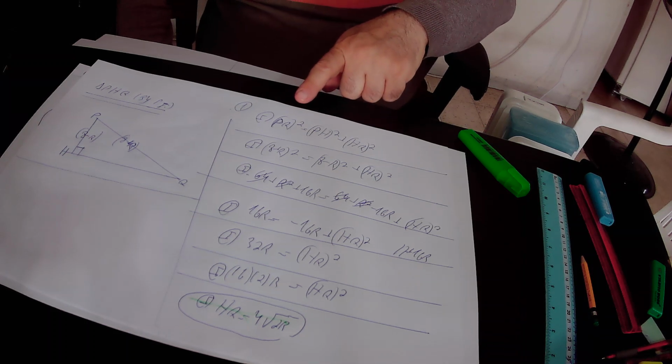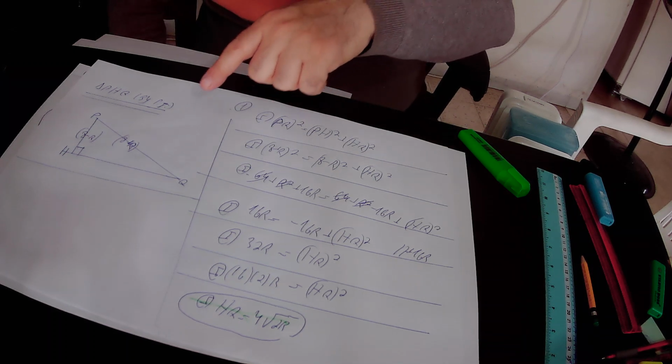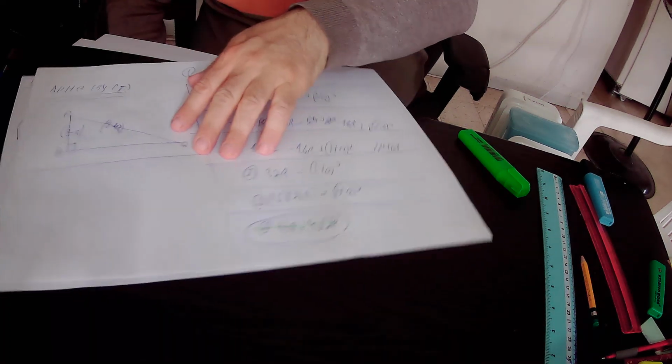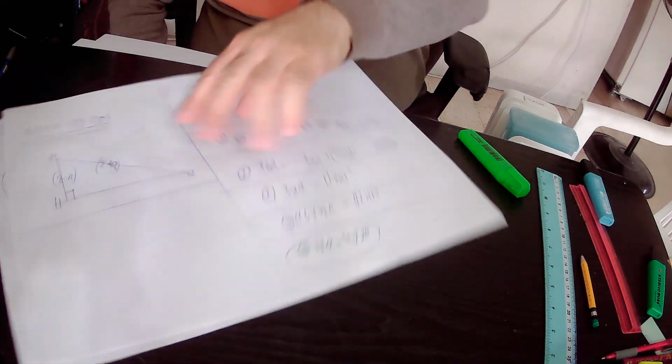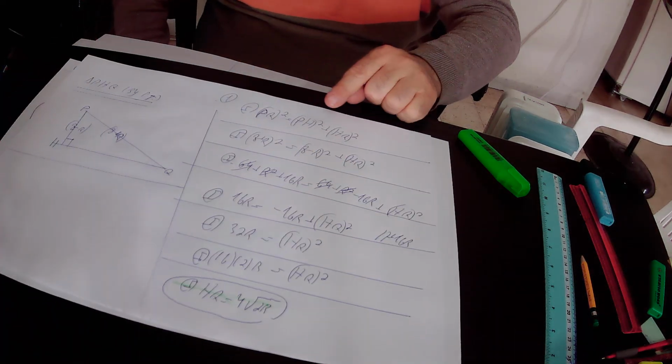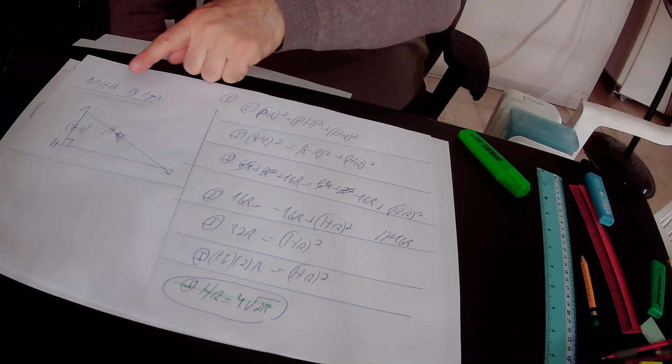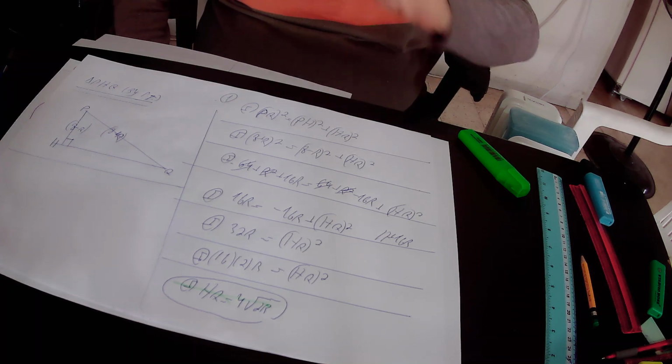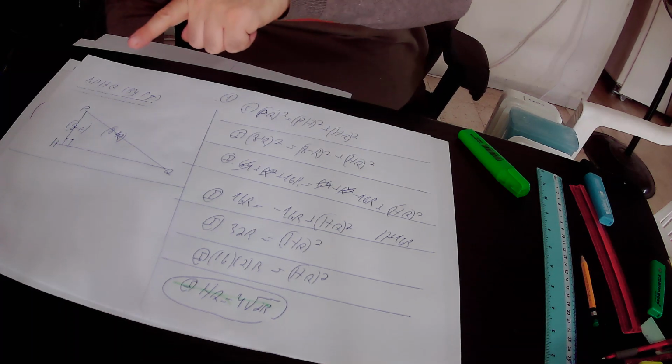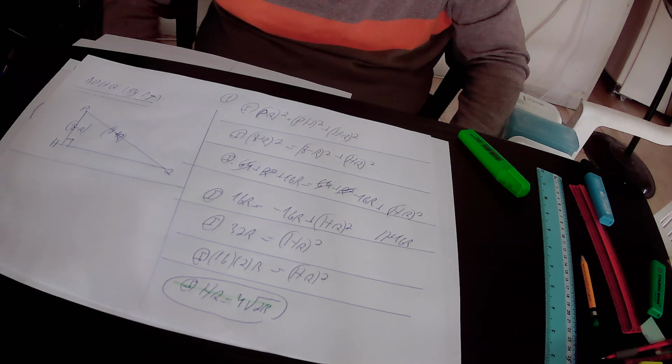So PQ is 8 plus r, therefore PQ squared is (8 plus r) squared, and it is equal to PH squared. PH is 8 minus r, therefore PH squared is (8 minus r) squared, plus HQ squared. HQ is the missing side, so we need to find it.